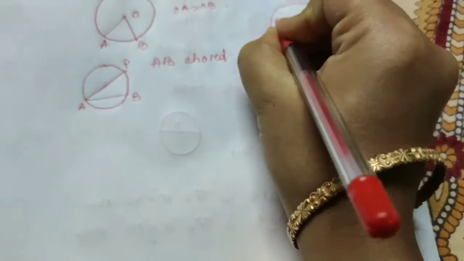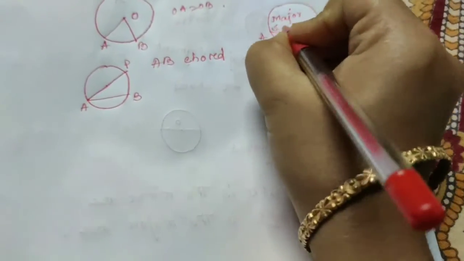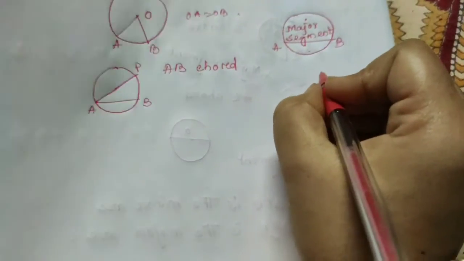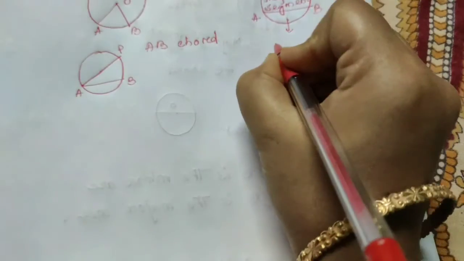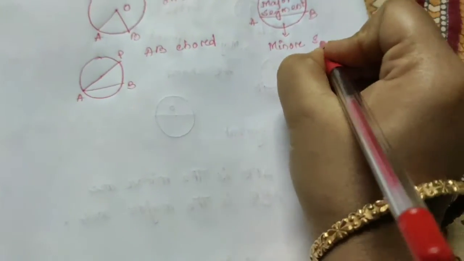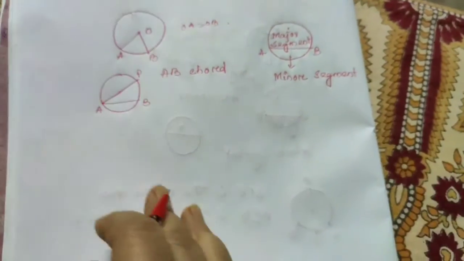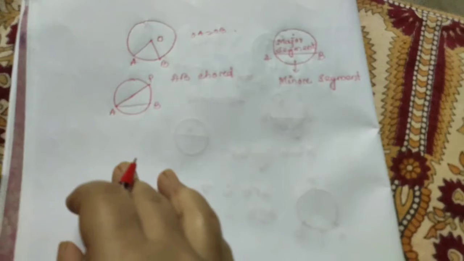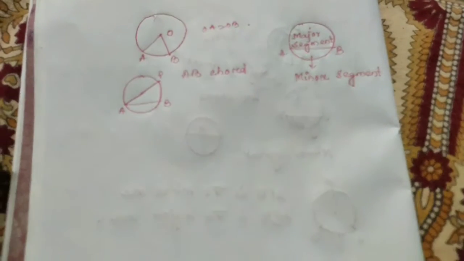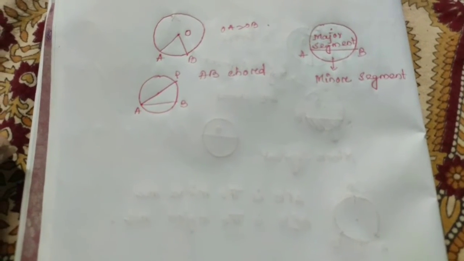The bigger part is known as the major segment, and the smaller part is known as the minor segment.